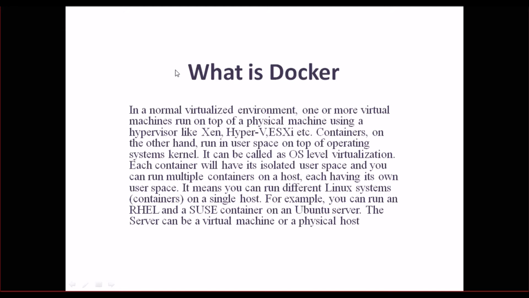For example, you can run a RHEL and a SUSE container on an Ubuntu server. The server can be a virtual machine or physical, so you don't have to worry about that. You just need one component, called the Docker engine, available in your operating system, and you can run any container on top of that.